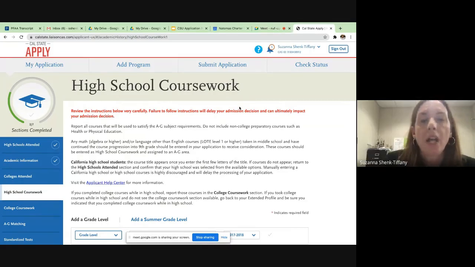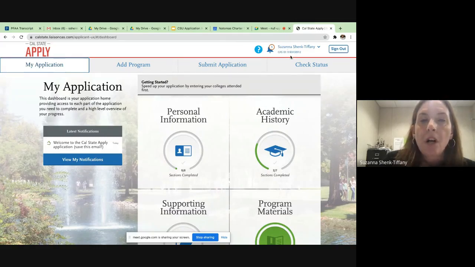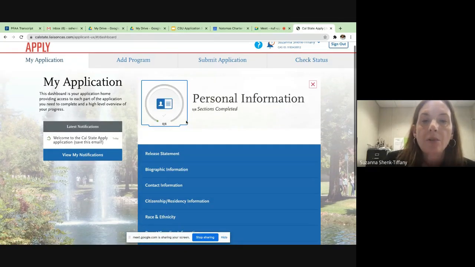Yep, all good. Okay, so when you get into my application here, and I've logged into my fake application, you can see up here, right? Under my name, you're going to see a CAS ID number. That number is important. If you ever need to call or email to get help on your application, they're going to ask you immediately for that ID number, okay? So that's where it's located. You're going to see on all the different sections, the first section here is personal information.